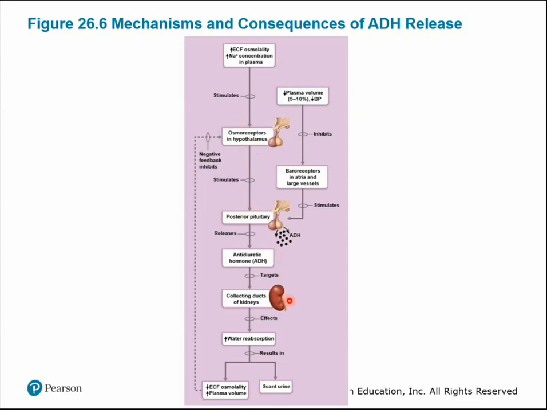We said it targets the kidneys to open up more aquaporins on the collecting ducts, which is going to increase our water reabsorption. Right? So instead of letting the water pass out in the urine, we're going to reabsorb it to the blood. So it's going to result in decreasing that osmolality, increasing our plasma volume, and decreasing our urine production.